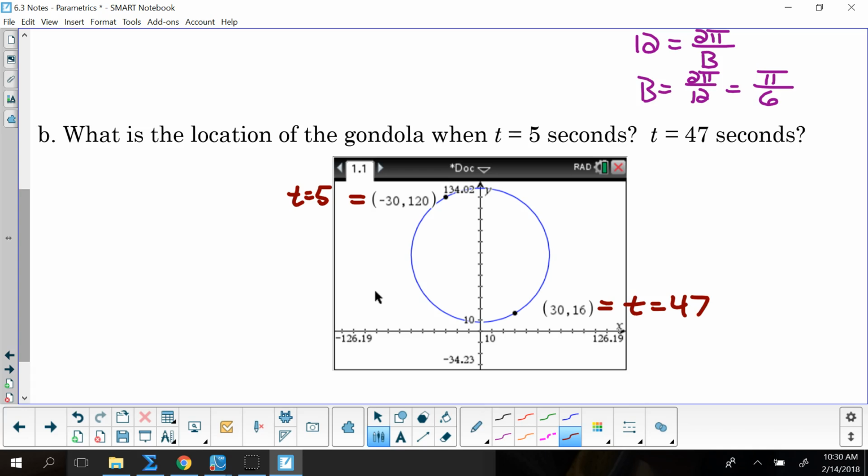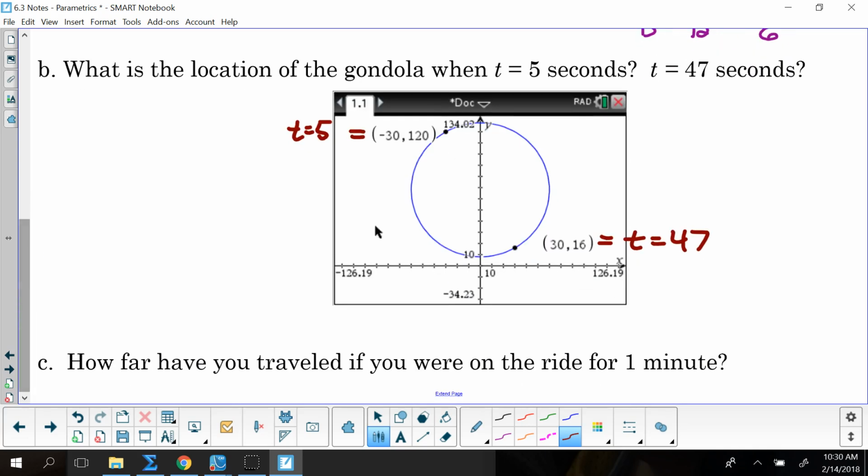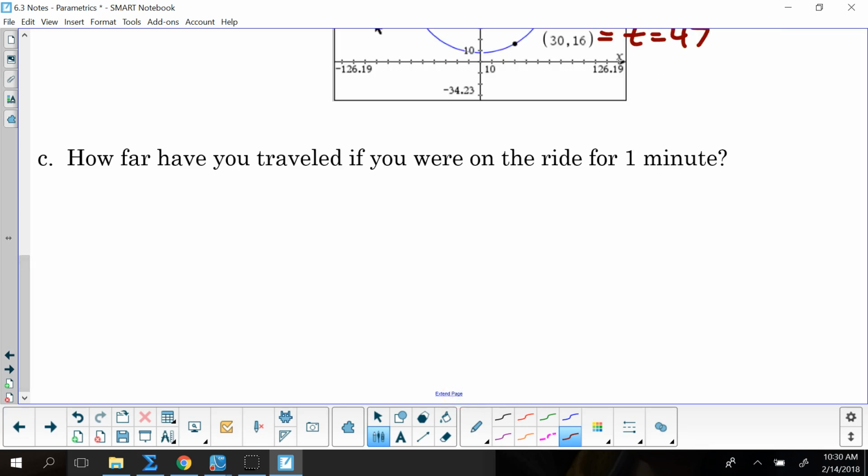Okay? Now, a new wrinkle to this Ferris wheel type problem is how far have we traveled if we're traveling on our Ferris wheel for a minute. Okay? So there's a couple of things involved here. So in 1 minute, how many revolutions do we make? 5, right?